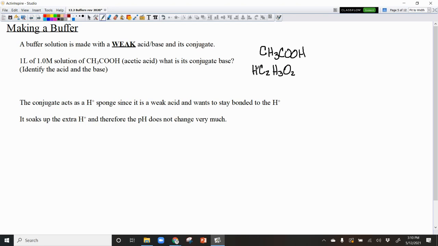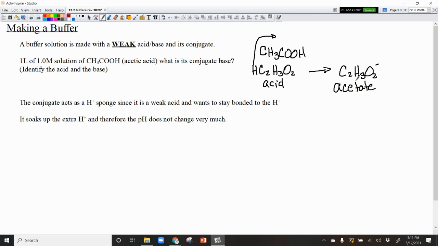So what do acids do? Acids donate hydrogens. So if this loses a hydrogen, and this is its acid, right? If this loses a hydrogen, then its conjugate base is going to be C2H3O2 minus. And this is the acetate polyatomic ion.